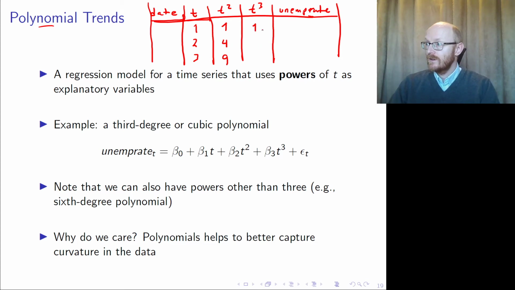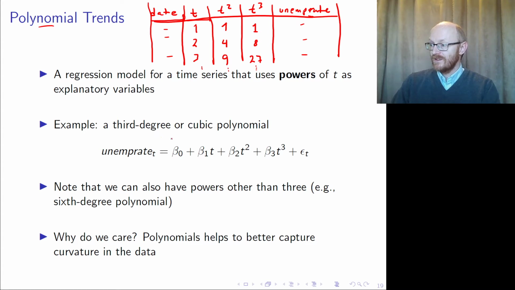So 1 to the power of 3 is 1, 2 to the power of 3 is 8, and 3 to the power of 3 is just 27, and so on. Okay, and the unemployment rate and the date is as always from the table. Okay, but here we have created 2 new variables.